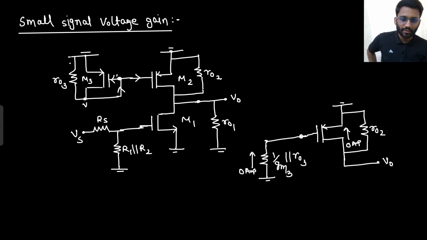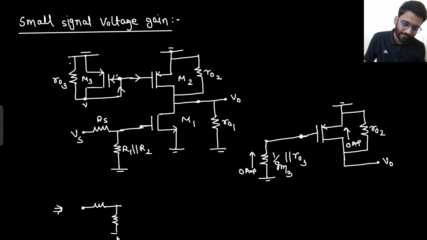So what is the final equivalent? This is my Vs, Rs, R1 parallel R2. This is Rs, this is Vs. This is V0.